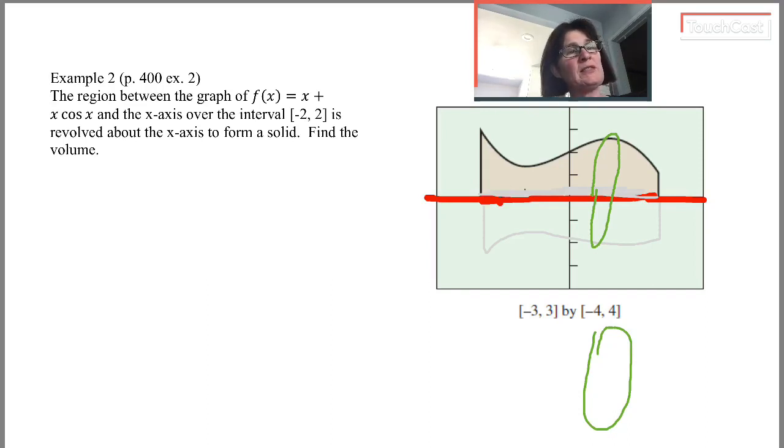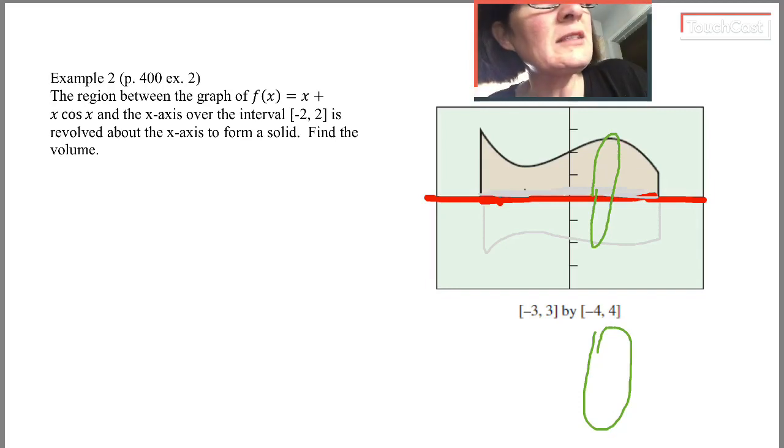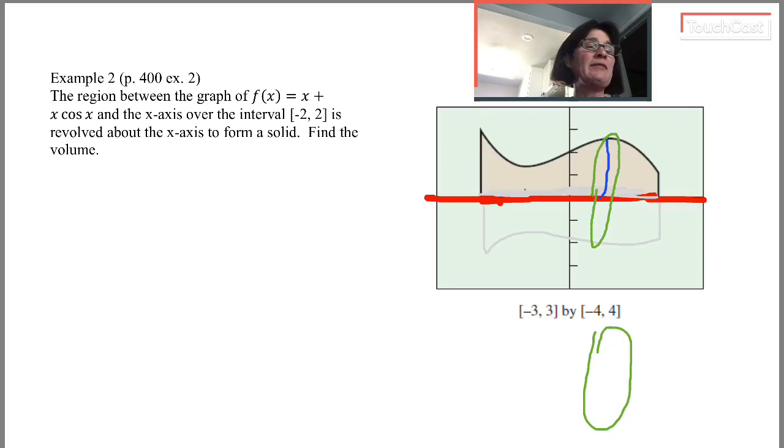Well, the radius goes from the center of the circle, which would be on the axis of revolution, out toward the edge of the circle. So for me, that's going to be where my slice touches the curve whose function I have a name for. So that blue radius is going to be the radius of my slice.